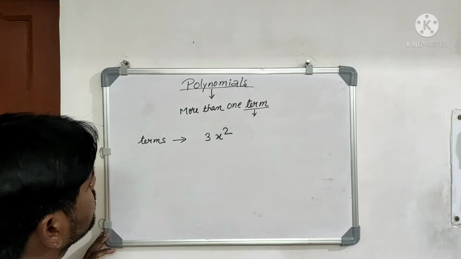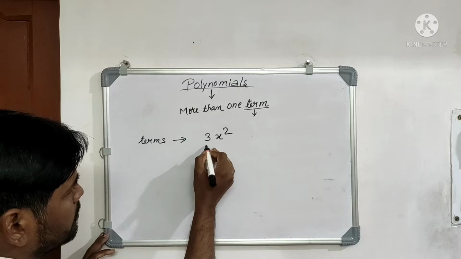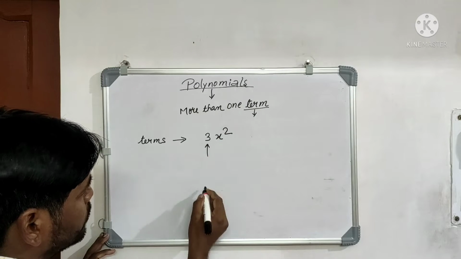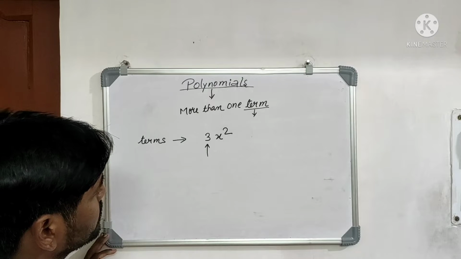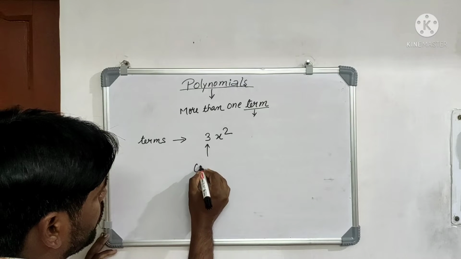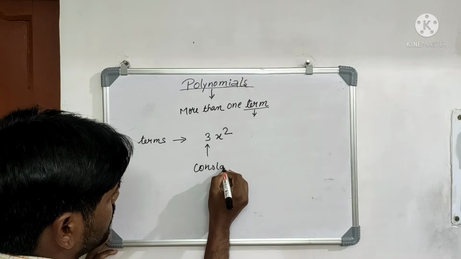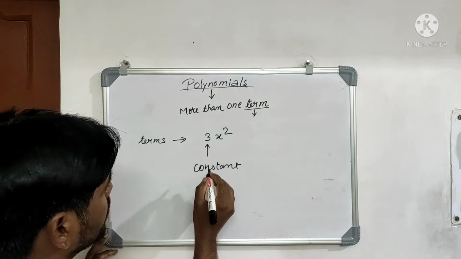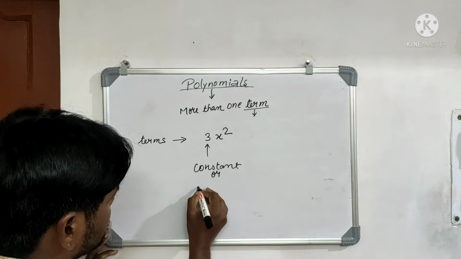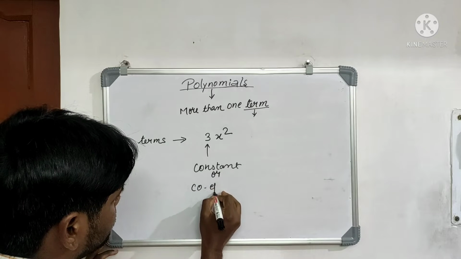Here I am writing a term, and in this term the first value visible on the board, that is 3, is termed a constant. It is a constant, and it can also be known as a coefficient.